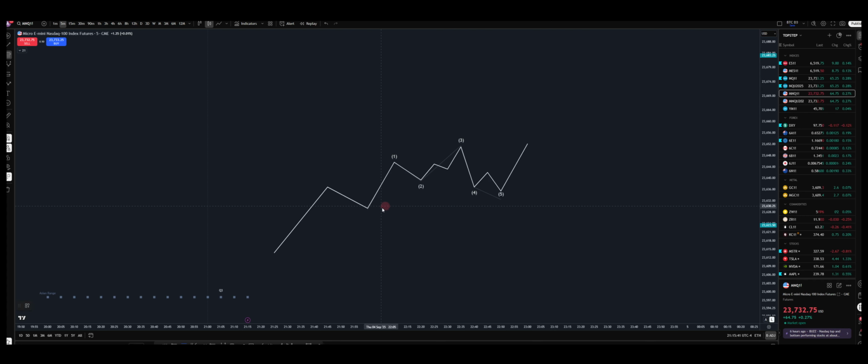We do our OTE pull from 0 to 3, and we're looking for entries around that OTE area. And then normally you would have your stop below this low. Or if we're getting 5 and you want a tighter entry, we have it below 4.